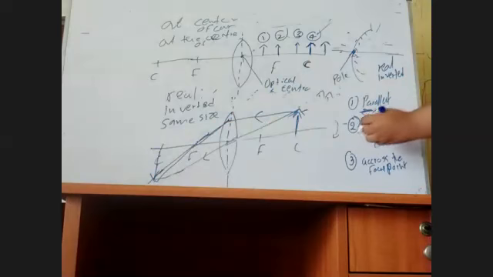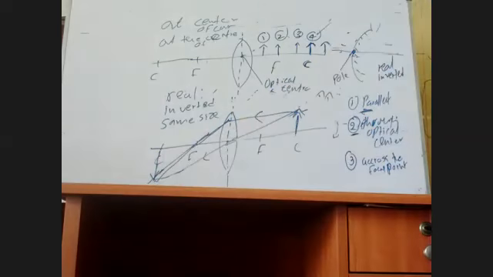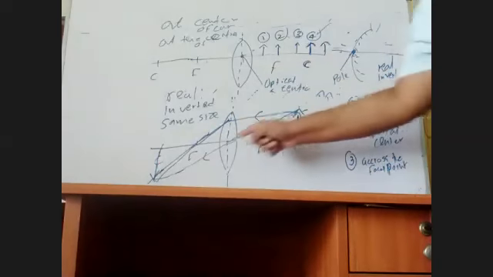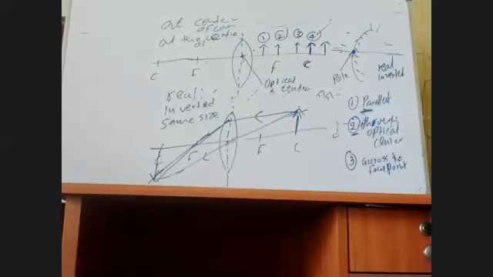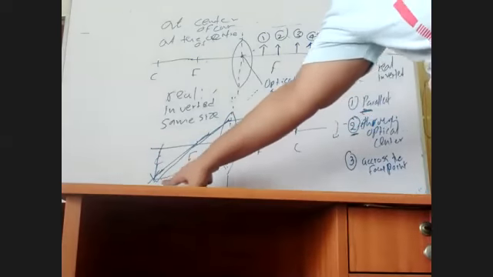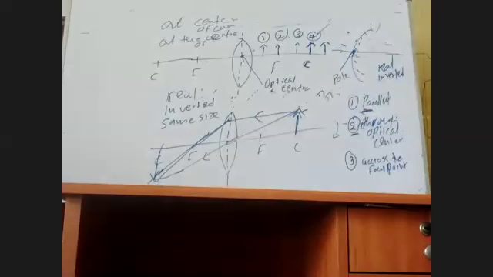Then the second thing when we are drawing the ray diagram is we pass a ray through the optical center. When a ray of light passes through the optical center, it will pass without any refraction. So here we have drawn the ray passing through the optical center so that it will pass without any refraction.